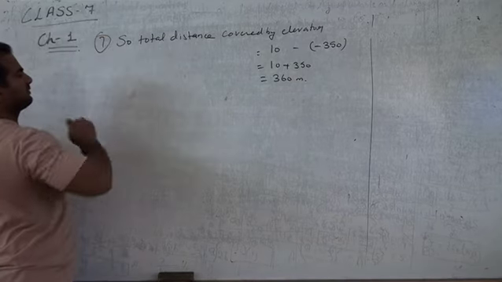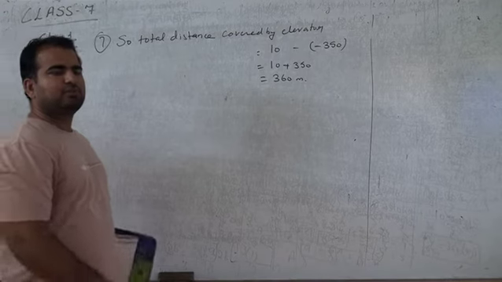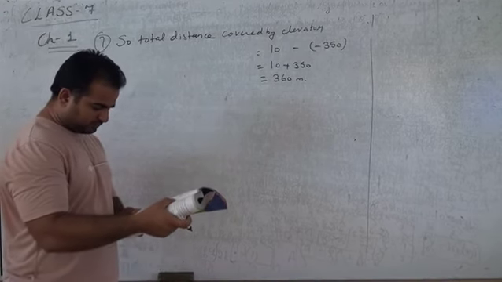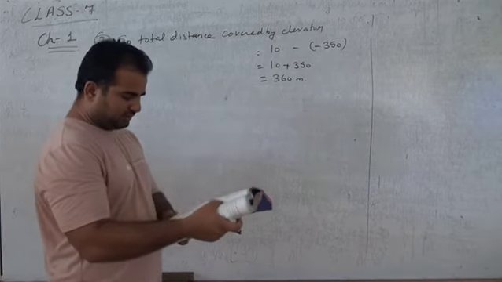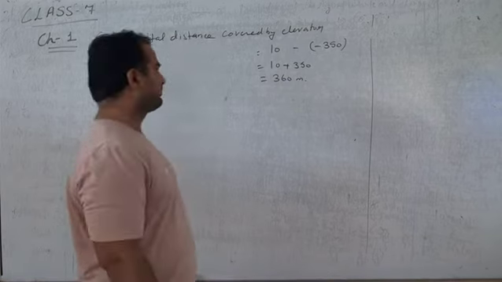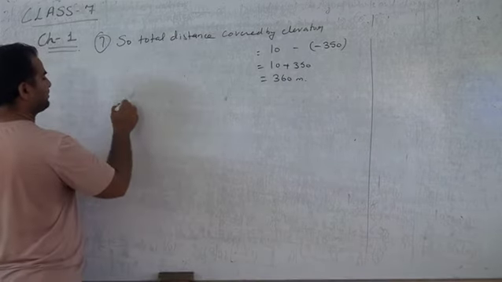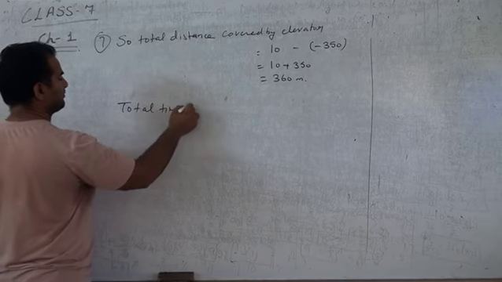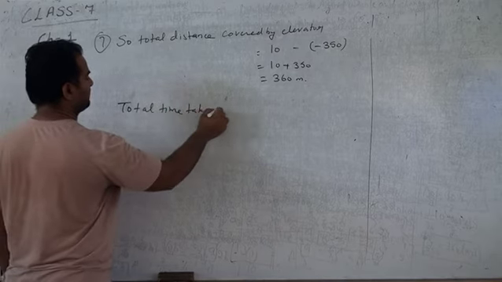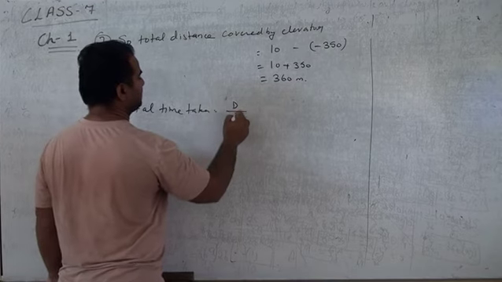This is question number 7. It travels 6 meters per minute. So total time taken equals distance upon speed.